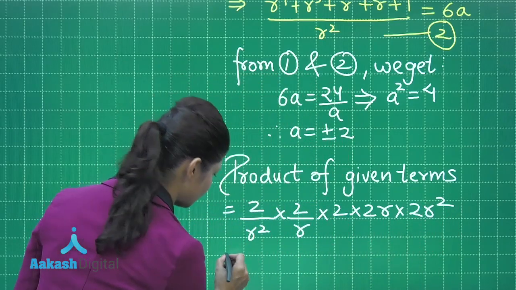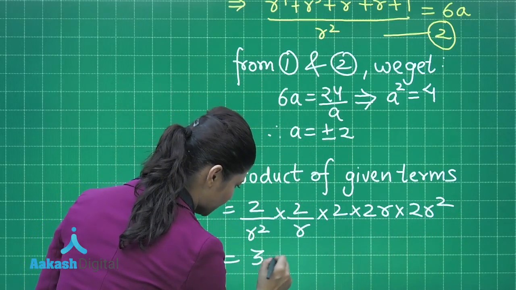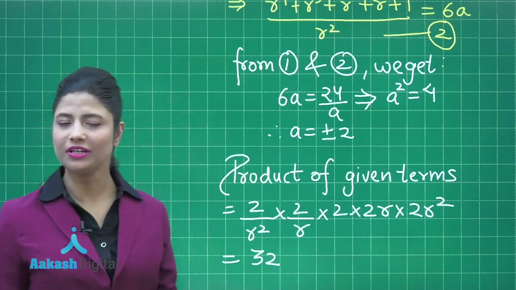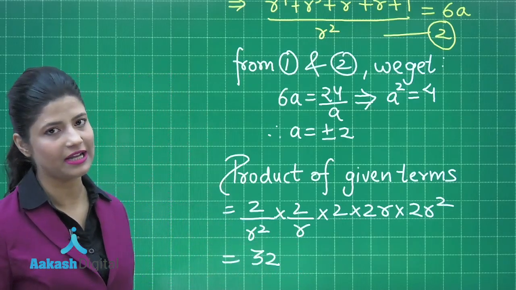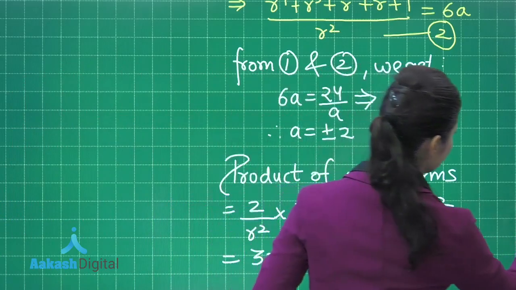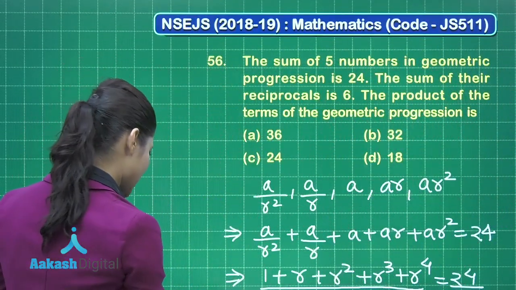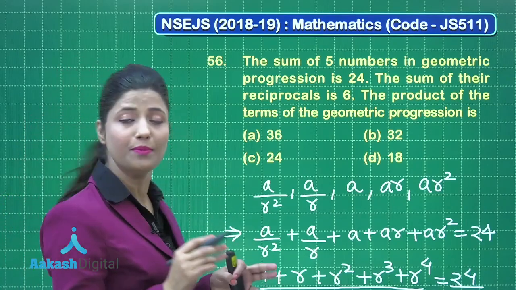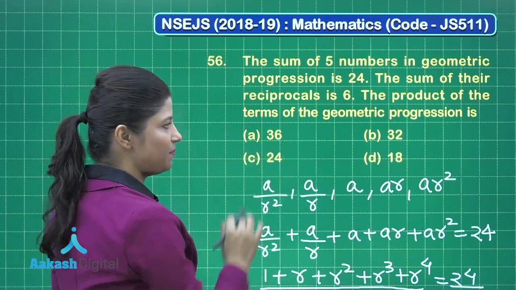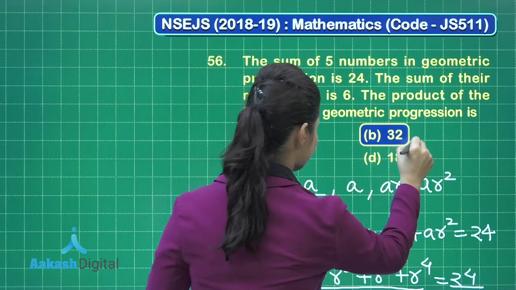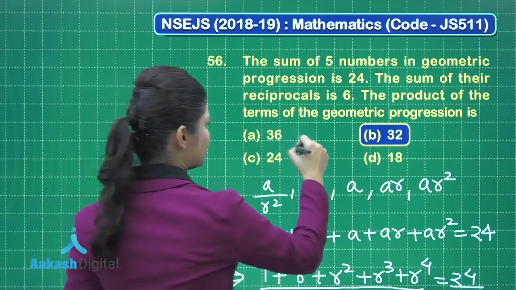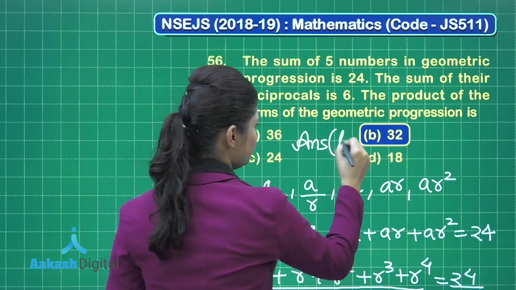When you simplify this, you get the product as 32. When you put a as minus 2, you will get the product as minus 32. But when you see the options provided, which are clearly positive, I can definitely say the correct answer representing the product of the terms of GP is option B, that is 32. You can write the answer for this question as option B.